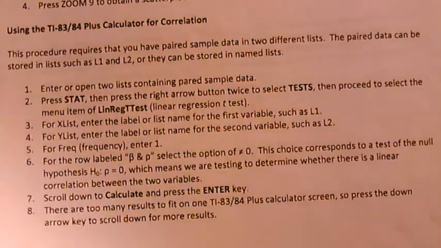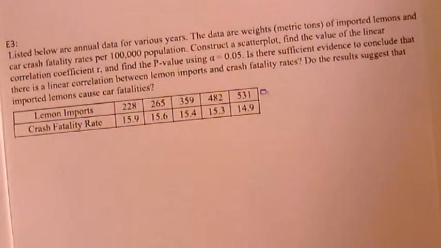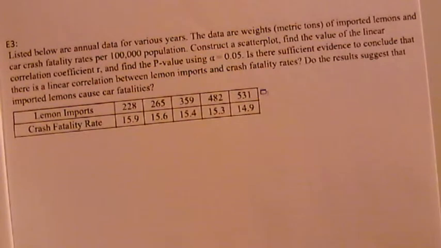Now, let's take that and apply it to this problem. Listed below are annual data for various years. The data are weights in metric tons of imported lemons and car crash fatality rates per 100,000 population. Construct a scatter plot and find the value of the linear correlation coefficient R, and find the p-value using alpha equal to 0.05.